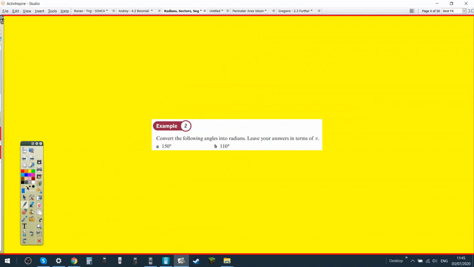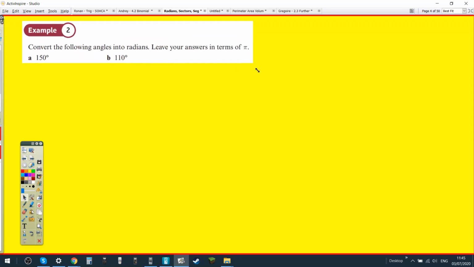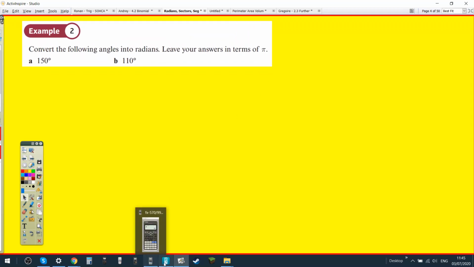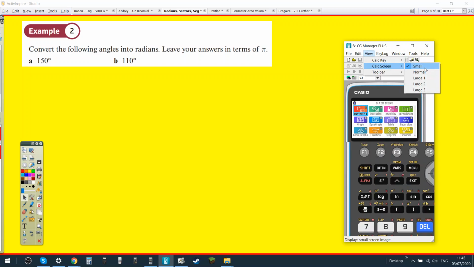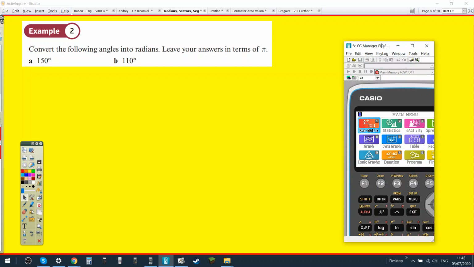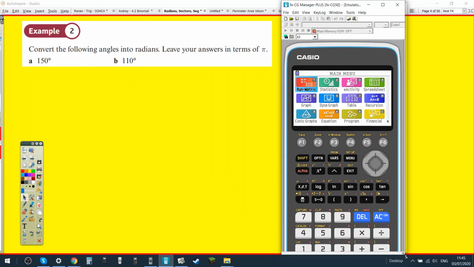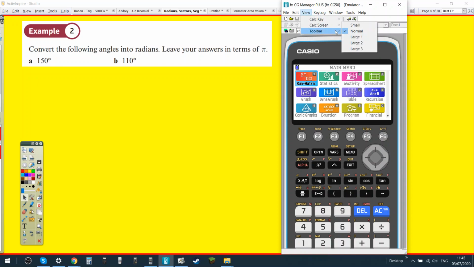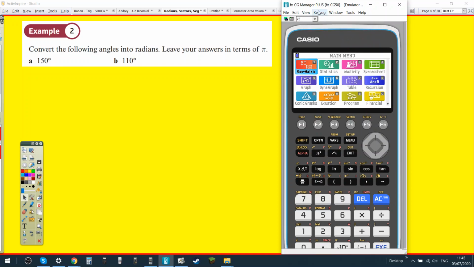Okay, convert these into radians. So do I need to do 150 divided by pi over 180? Give it a go. It might not be that.